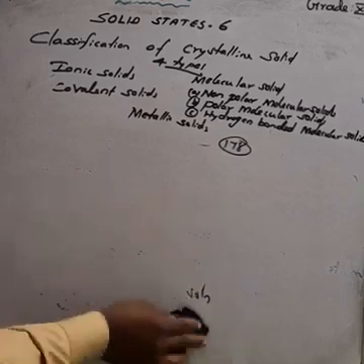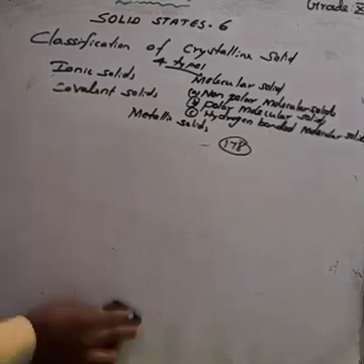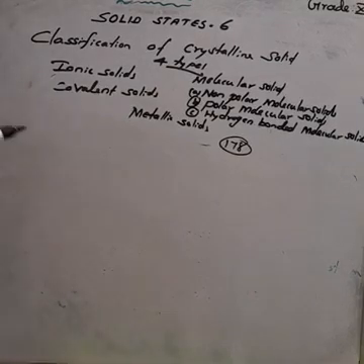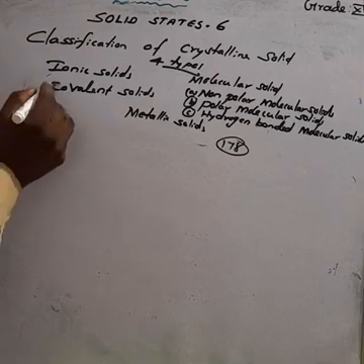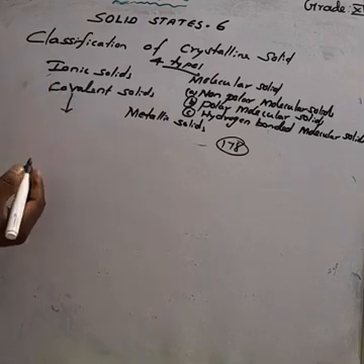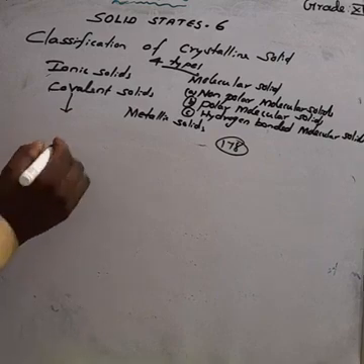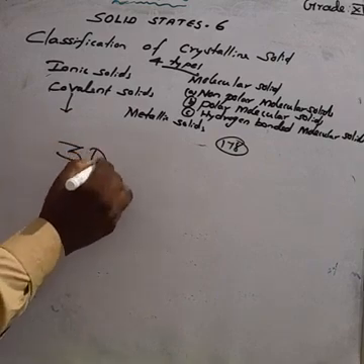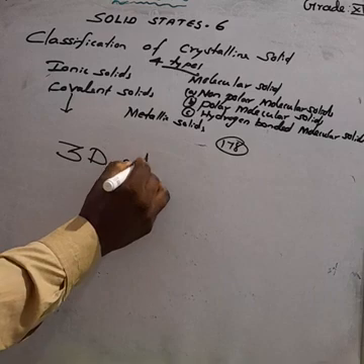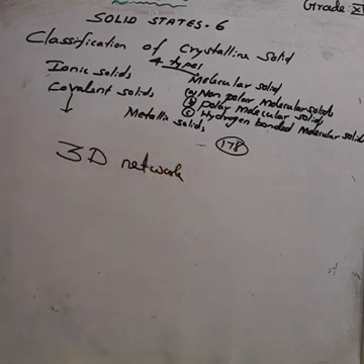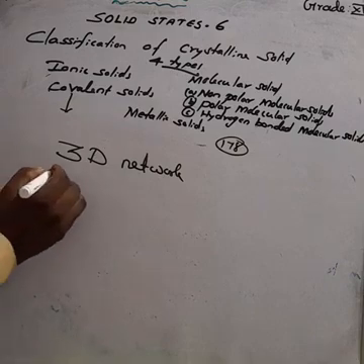Next, covalent solids. In covalent solids, the constituent atoms are bound together in a 3-dimensional network. So they are very hard. They have a high melting point.